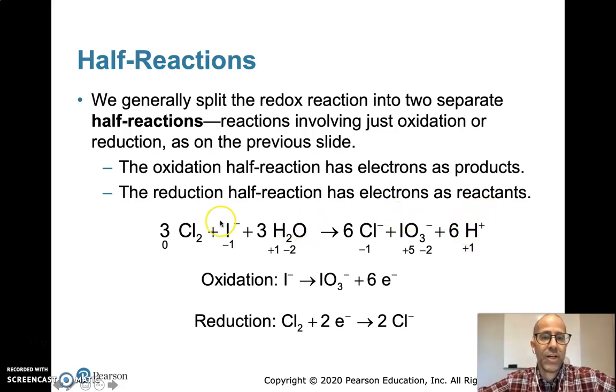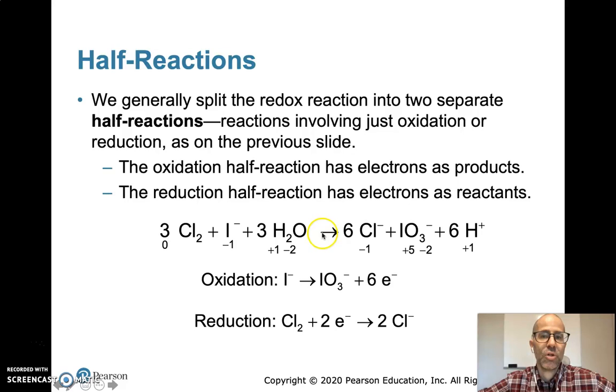So now that you've got your oxidation states here, now you can figure out what got oxidized and what got reduced. And so here you're just looking at changes in oxidation states. So here you see that chlorine goes from a 0 to a negative 1. So if you're going from 0 to negative 1, you're becoming more negative.